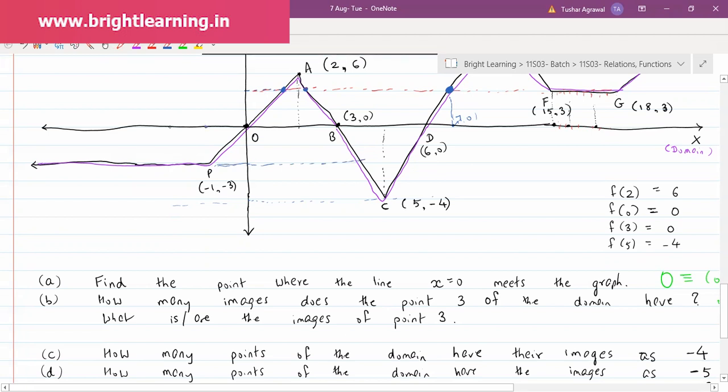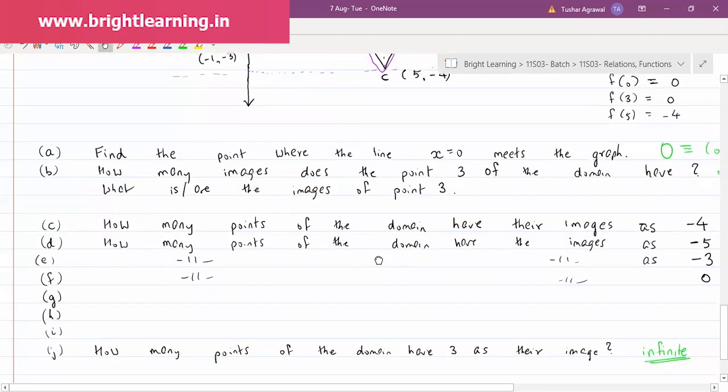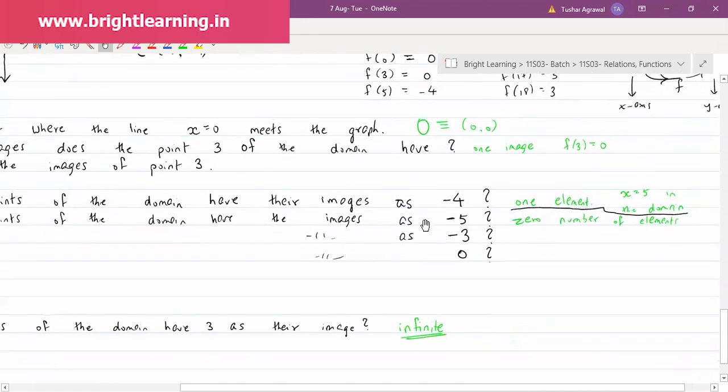For this point, x equal to -2. For this point, x equal to -3. For this point, x equal to -4, and so on. Infinite points along here. Here also one point, whatever is this x coordinate. Here also another point. So infinite points over here and 2 points over here. So there are infinite points of the domain which have -3 as their image.